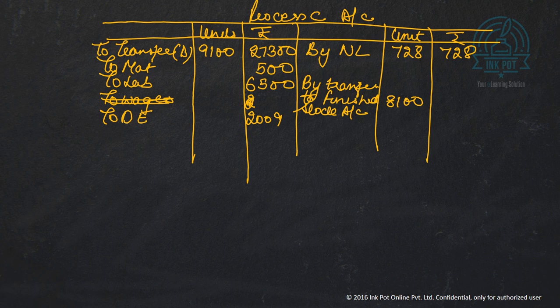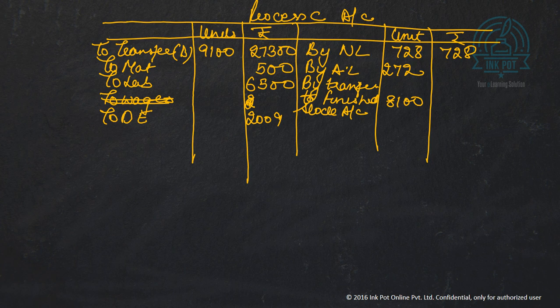So 8100 plus 728 is equal to 8828, and 8828 minus 9100, the balancing is abnormal loss. So the balancing units are 272, right? 272 units are abnormal loss.